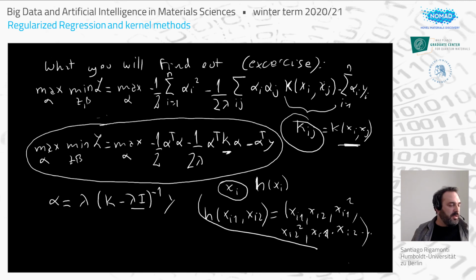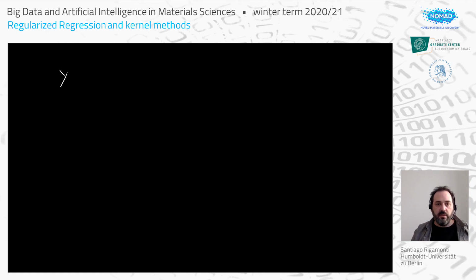And also let me point to an exercise where you can show that the previous solution is actually equivalent to this one. We had previously that y is x transpose beta, with beta equal to (x transpose x minus lambda I) inverse x transpose y.